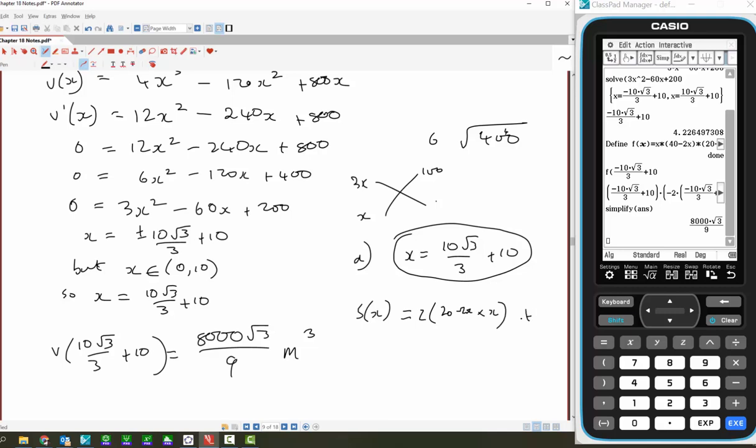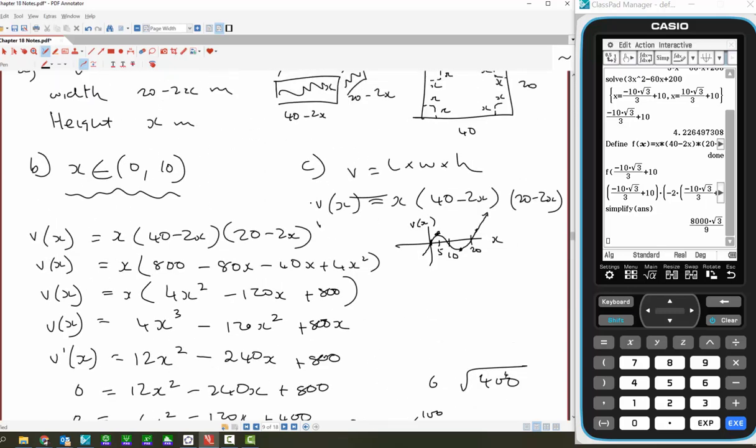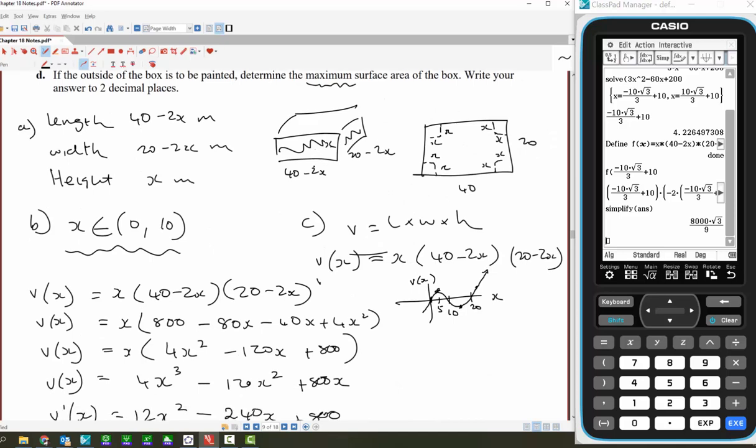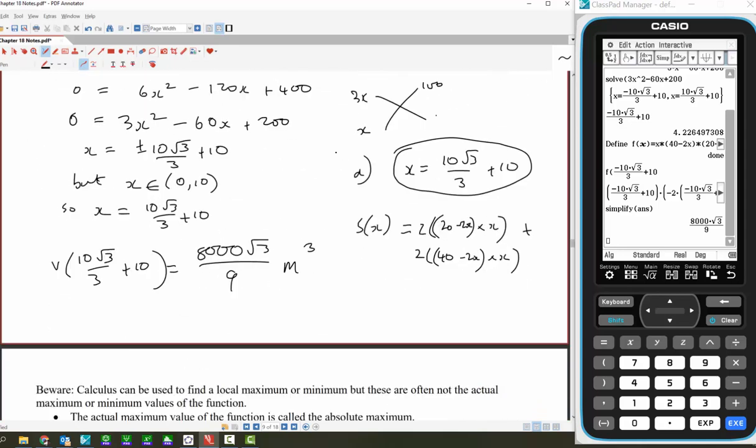So we've got 2 lots of them, plus 2 lots of the other one, which is 40 take away 2x times x. Put some brackets in there. Right, so it's 2 lots of them, 2 lots of them, and then we've got only one bottom. So that's going to be plus 40 take 2x times 20 take 2x.